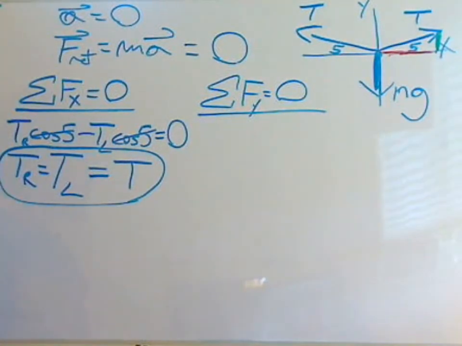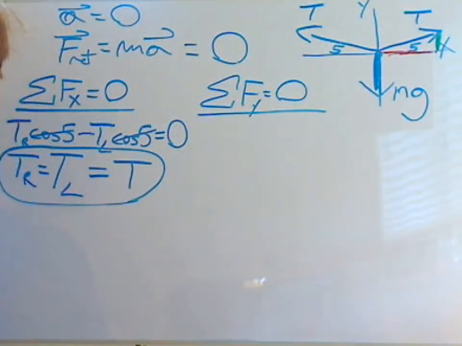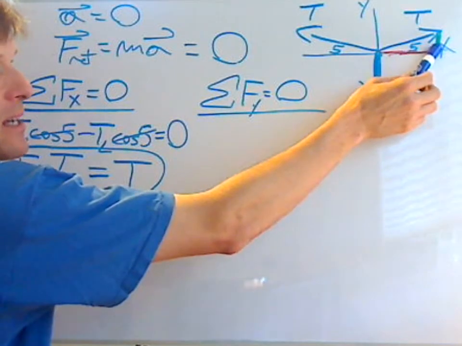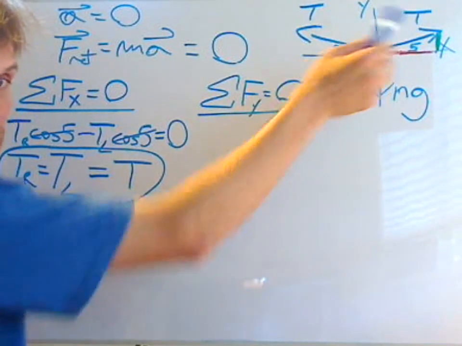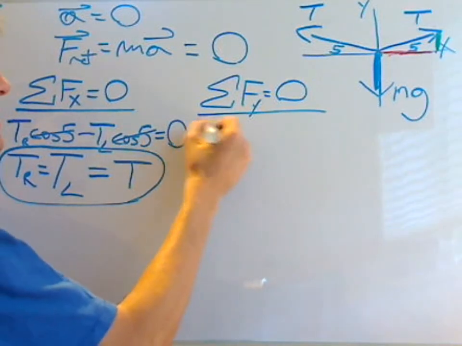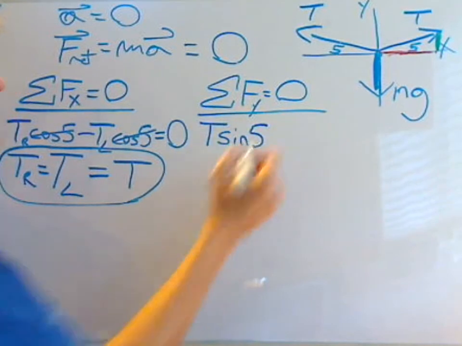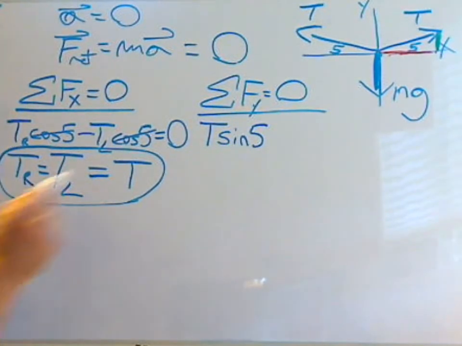And to find the side opposite the 5-degree angle in a right triangle like that, we have to use the sine now. So the y component of this vector, the right tension, which is now just T, is T times the sine of 5. Okay, so we use cosine for the x component. We're using sine for the y component.